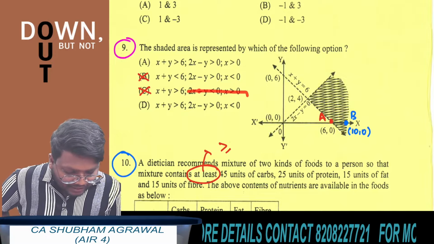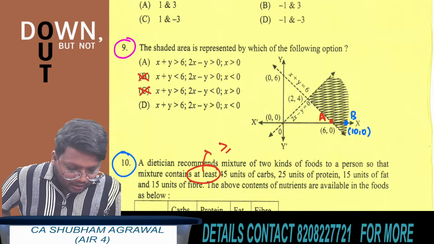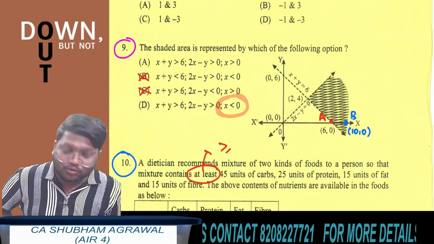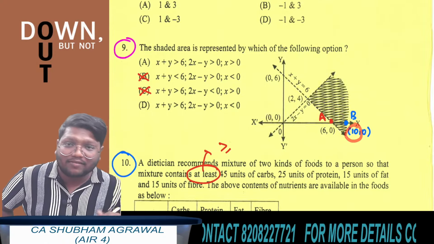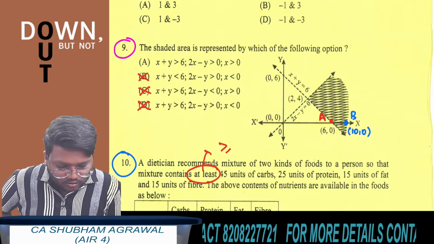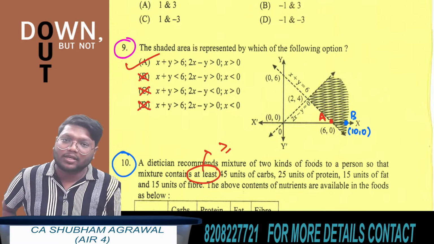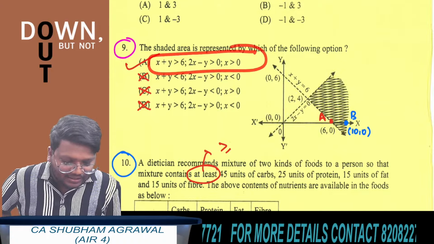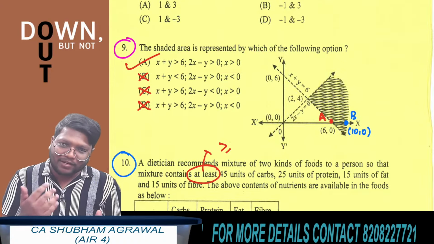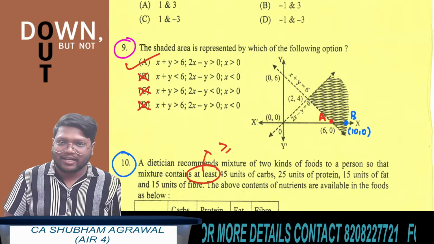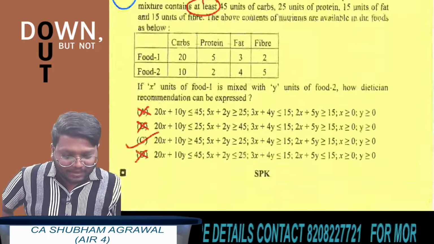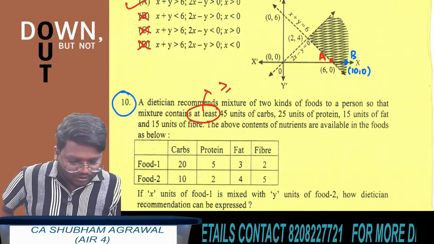Now option D. Option D is wrong because here they have written x is less than 0, and the value of x is 10, which is greater than 0. Option D is also incorrect. Which option is correct here? Option A. So we have already got option A as the answer, but for our safety we quickly checked options B, C and D also. Clear? Okay. So with this, we have completed the linear inequalities questions from this paper also.